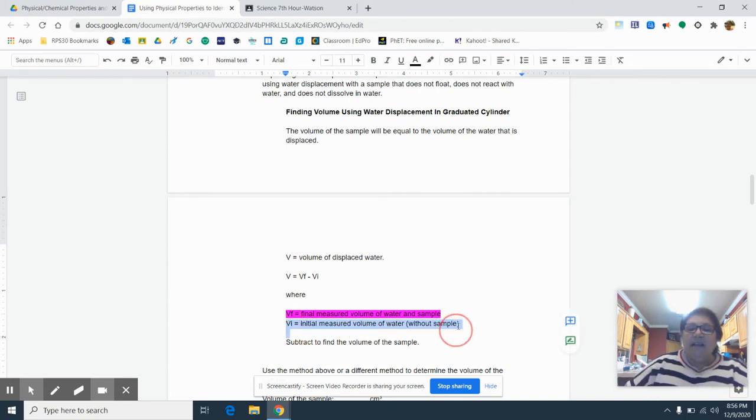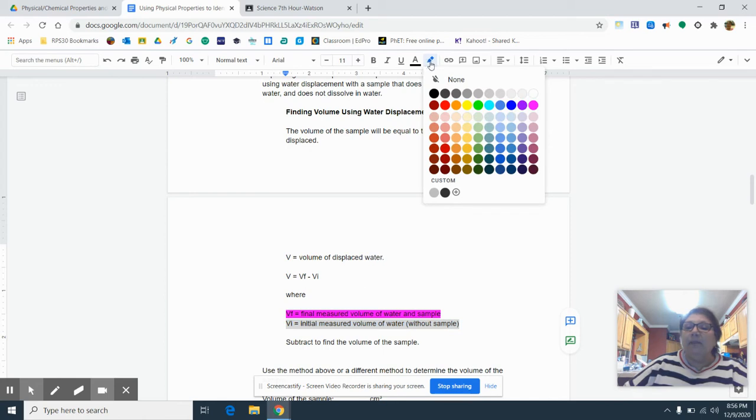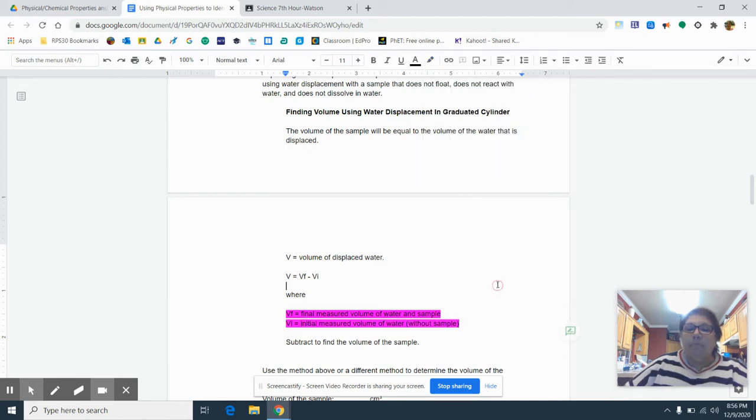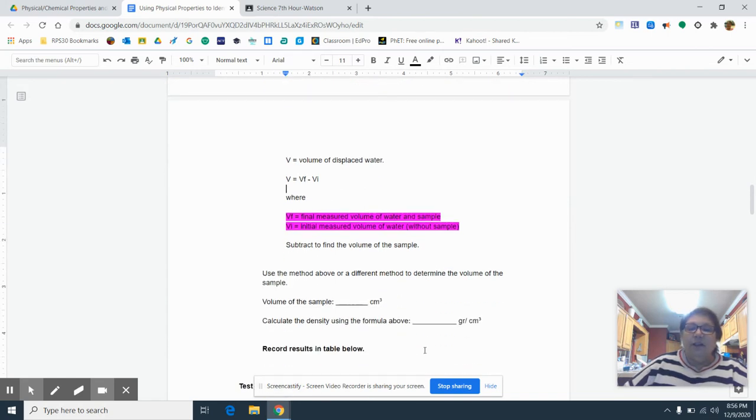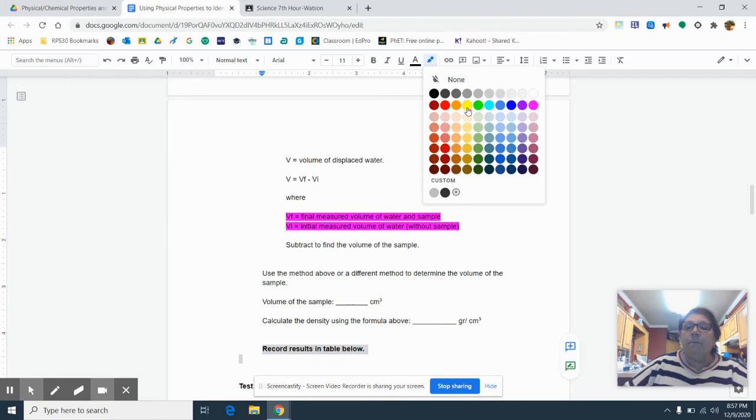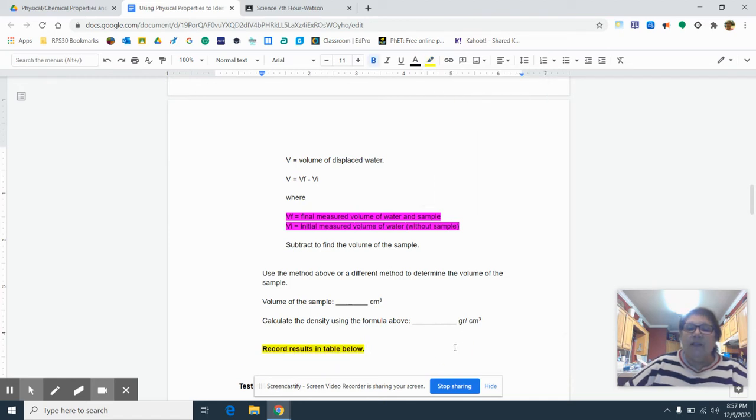VI is what the water was to begin with. Then you're going to subtract. Then you're going to do some dividing. It actually tells you. And then stop the tape and record in the table below.